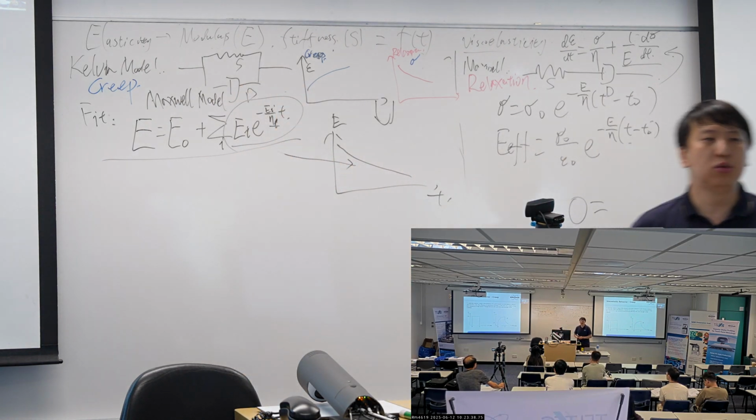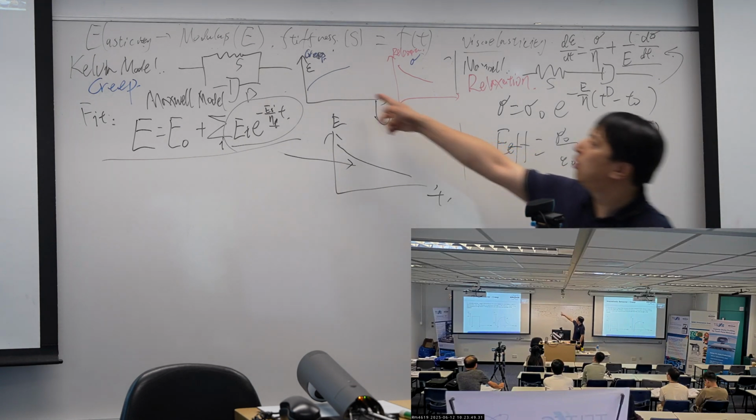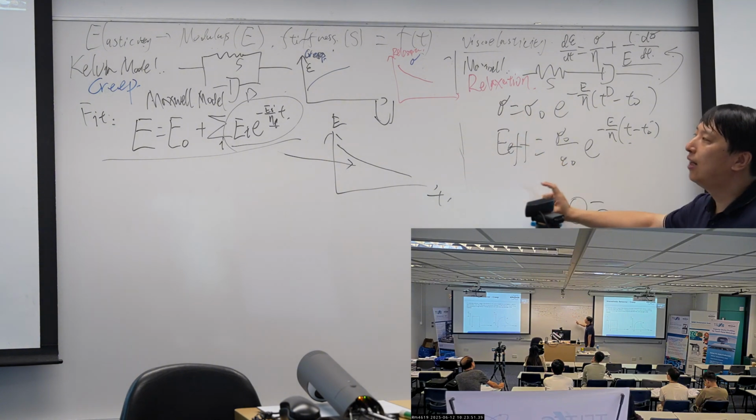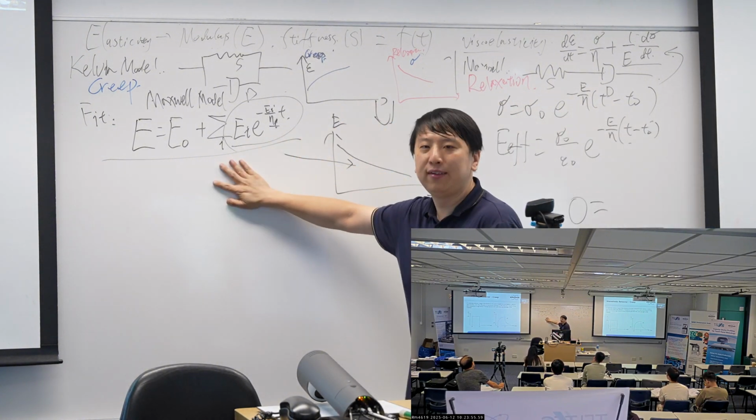So if you search the references about how people do viscoelasticity, they prefer this way. Just do creep or relaxation, then get the modulus against time, and then do fitting.